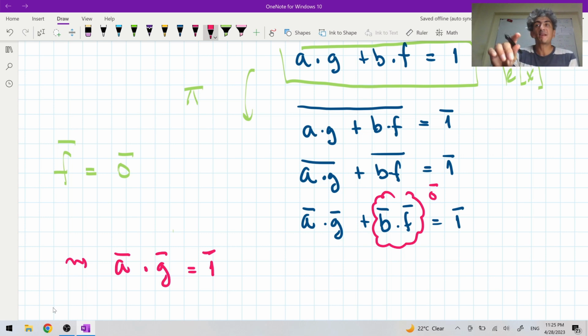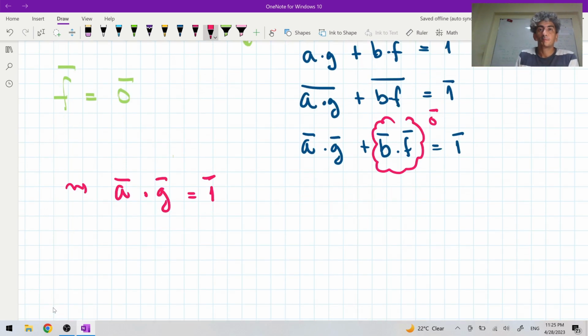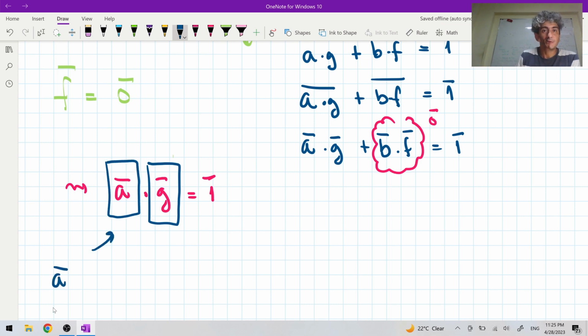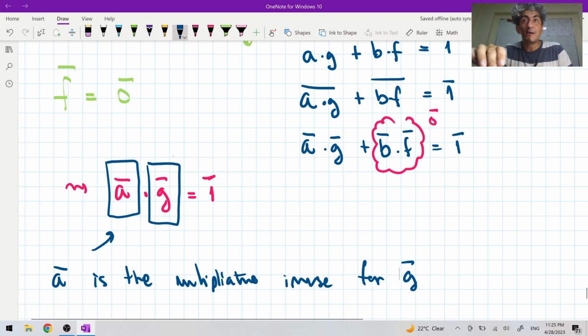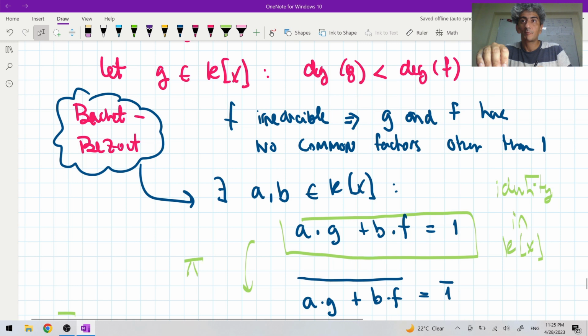And what is this saying? It says that every non-zero class has a multiplicative inverse. The class of a is the multiplicative inverse for the class of g. So what we have seen is that whenever f is irreducible, if we take any polynomial of degree less than f, then it will have no common factors with f.